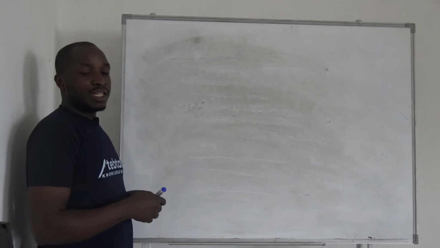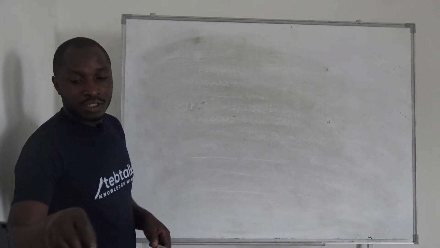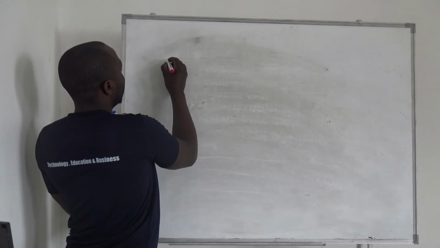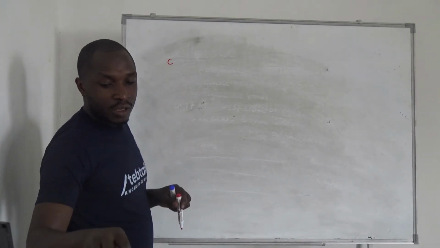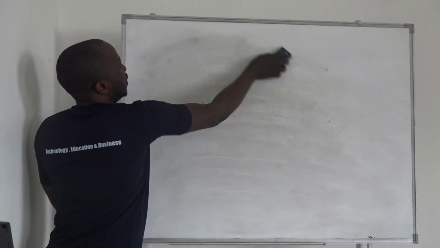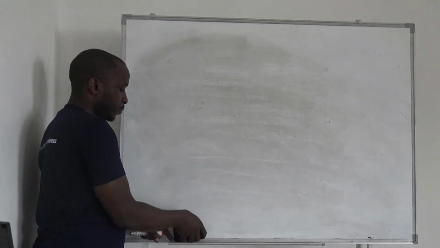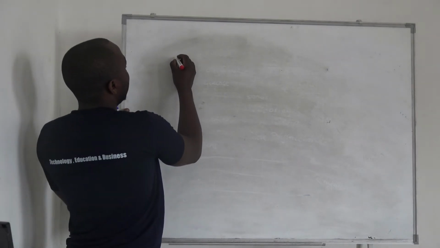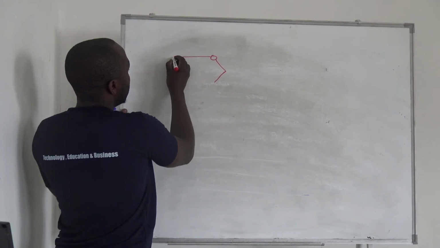So the polysaccharide chains are in this format. Let me draw the polysaccharide chains. Now I'm going to use the cyclic way of representing this. Whenever there is a corner, there is a carbon atom.